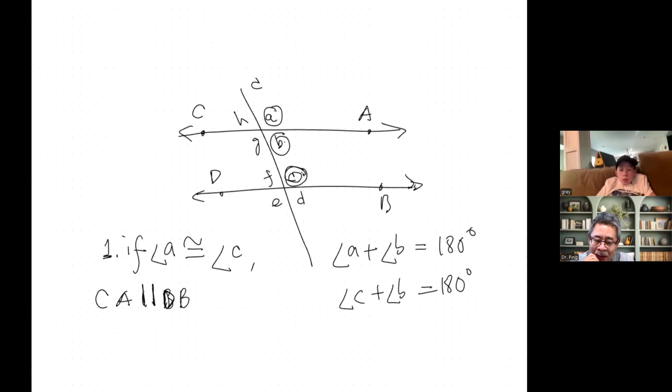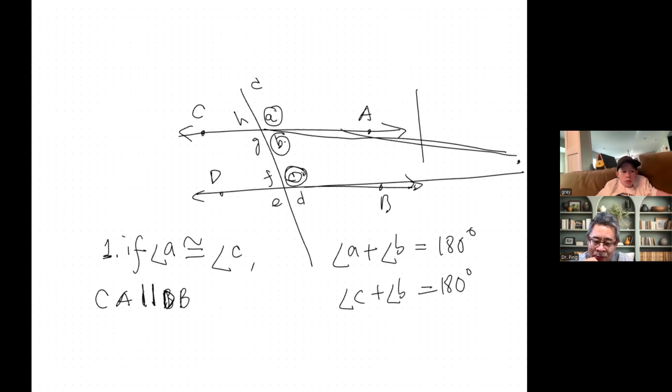Good? Now, the reason for that is if those two angles are not 180, then we actually have a triangle here, and the lines are going to meet somewhere if you go forward. If they are bigger than 180, they're going to meet on the other side.